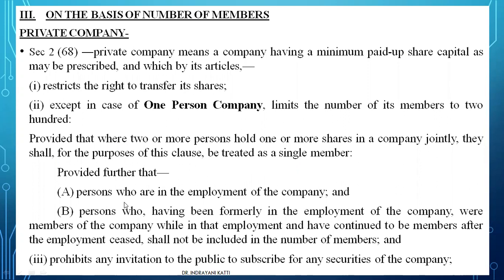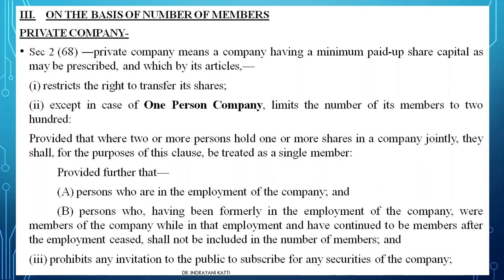Provided further, persons who are in the employment of the company and persons who were formerly in the employment of the company, were members of the company while in that employment and have continued to be members after the employment ceased, shall not be included in the number of members. It means sometimes companies distribute shares to their employees.